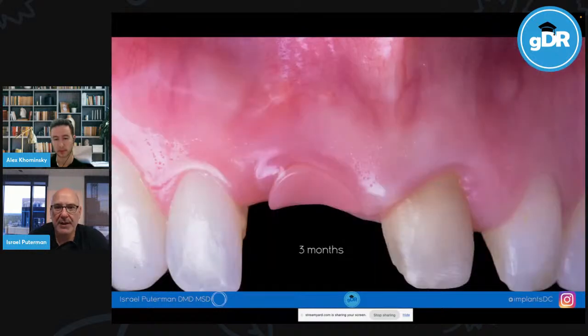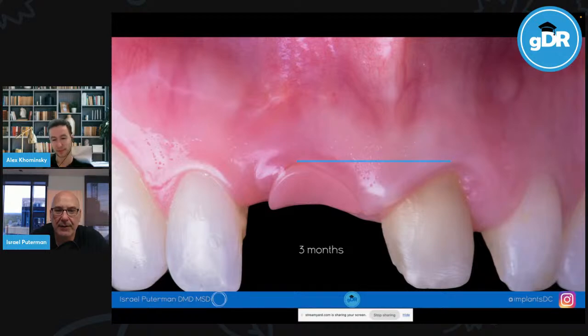And after 3 months, allowing it to heal sufficiently, you can still see the maintenance of the contour, although obviously there's been a little bit of shrinkage despite adding the connective tissue graft. You can notice on the adjacent central incisor, the patient had a preparation for a veneer that had fallen off when she came in that day, and that's why that tooth looks like that.